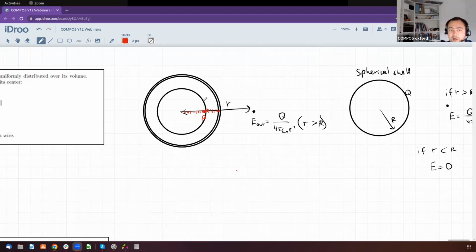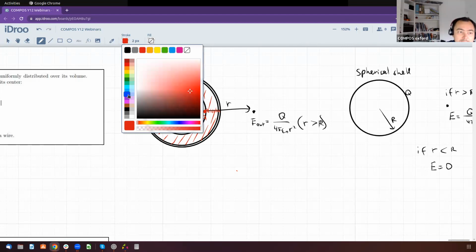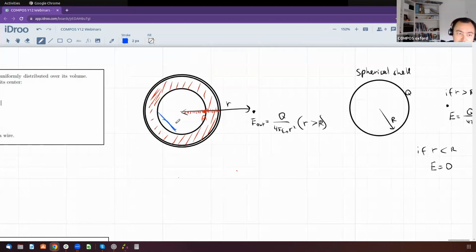So if we are at point A, we are inside all of these shells, but we are outside all of these shells. Does that make sense to you?